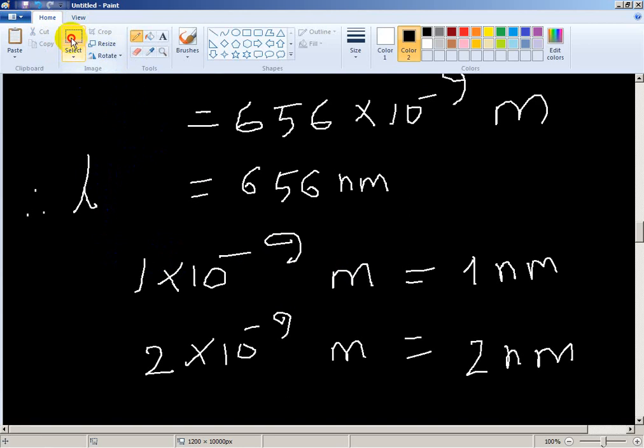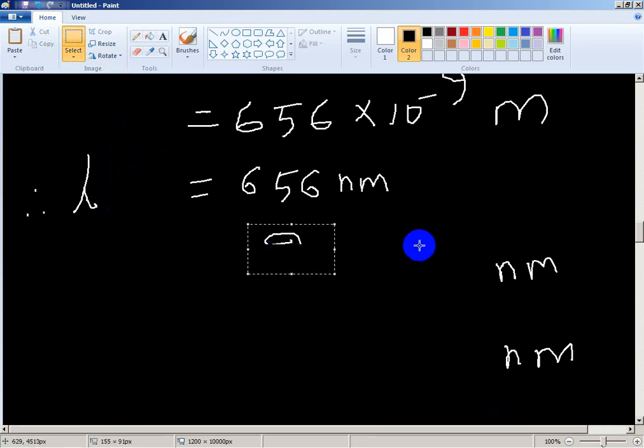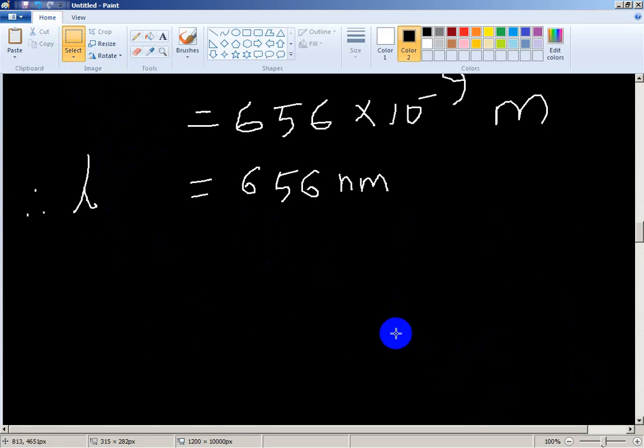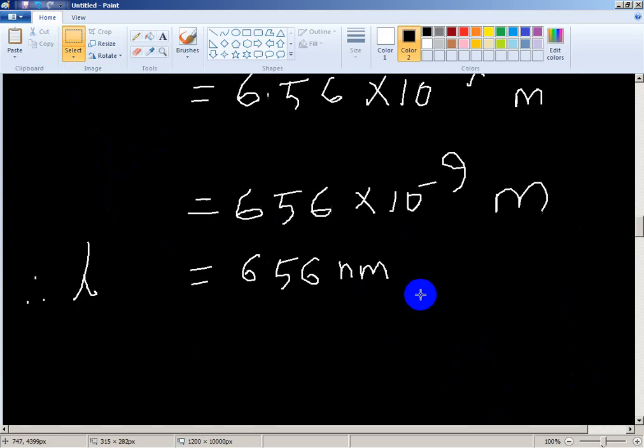So wavelength found. Which range does this wavelength match?